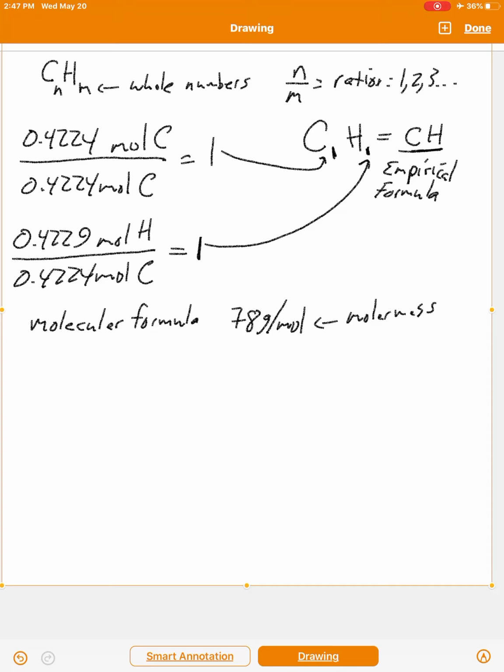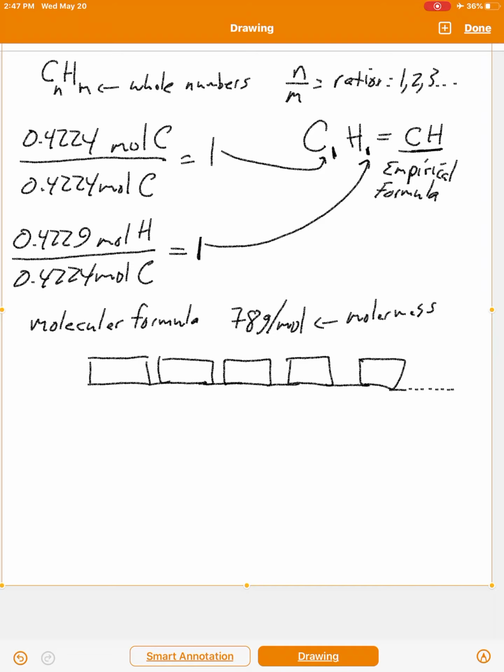Now, just to show you an analogy, imagine I said this. Imagine I said, hey, we have this train, and this train has several cars on it. And I'm not going to tell you how many cars are on there. But what I'm going to do is I'm going to tell you that each car weighs the same. And each car weighs 10 tons. No, let's make it bigger than that.